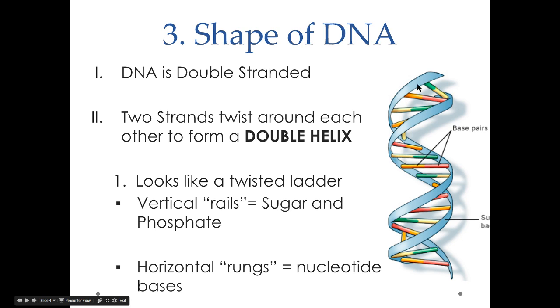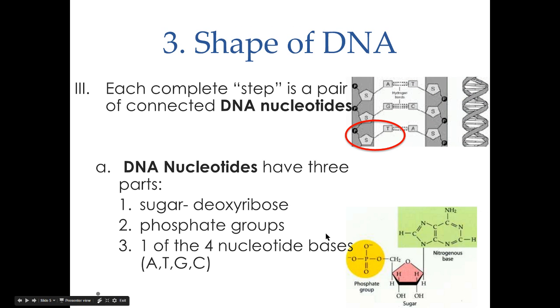So right here, these blue parts that go down on each side are the rails, and this is the sugar and phosphate backbone. And then the nucleotides, which are these base pairs, the nucleotide bases right here in the center between the two rails. See, these kind of look like steps going up. Now each step is a pair of connected DNA nucleotides. A nucleotide is this phosphate, this sugar, and then one of the bases.